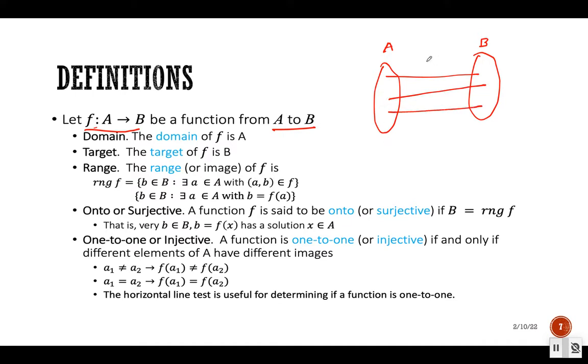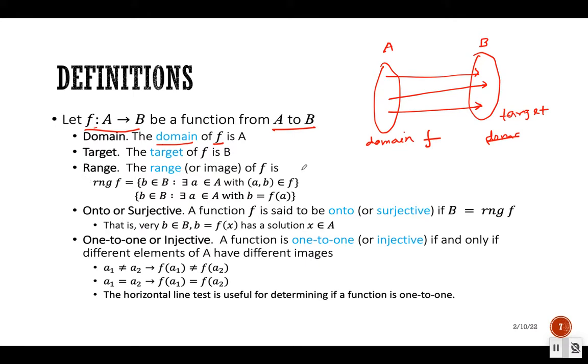Now we say that A is the domain of f, the input of f, domain of function f is A. Output, we can say the target of f is B. So here we have the function f, the set A is the domain, the set B is the target.